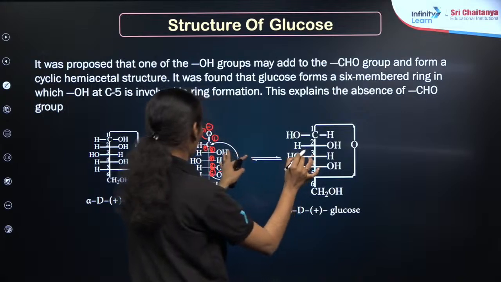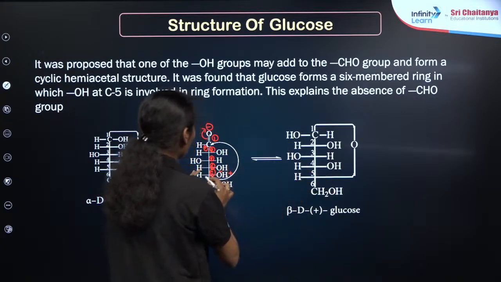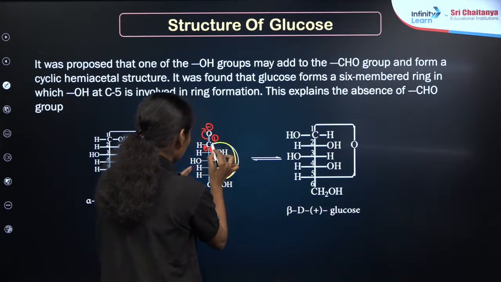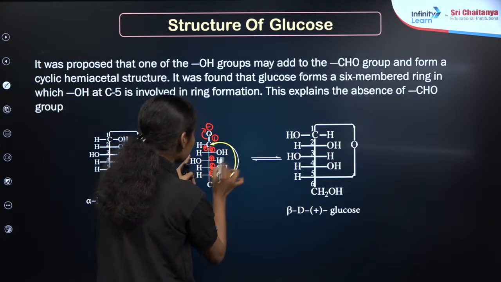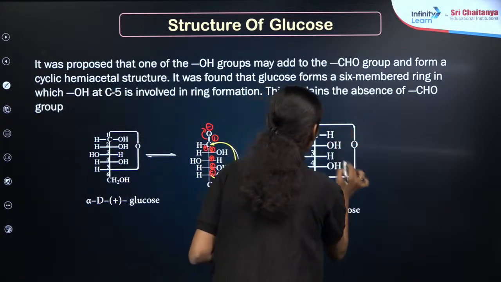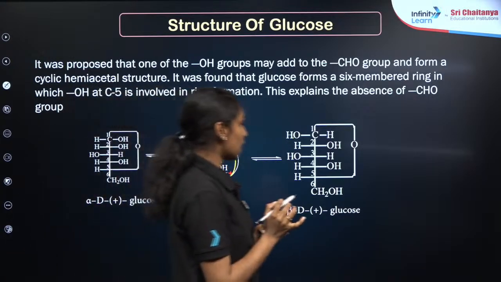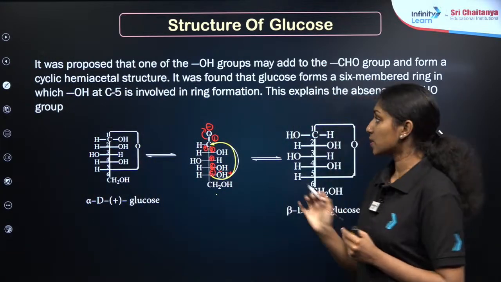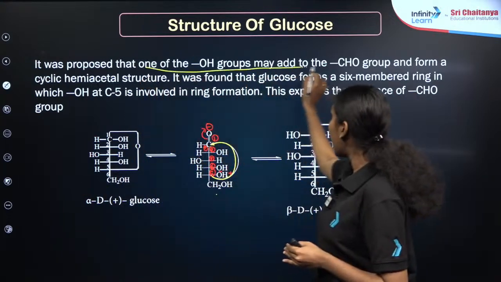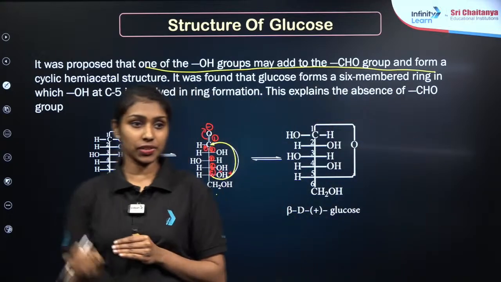Then the similar properties, HOH, OHH, the fourth carbon is HOH, and at the fifth carbon there is a bond moving from here. Having the bond in between, there is an oxygen present between the first carbon atom and the fifth carbon atom. This structure is known as a hemiacetal structure. So it was proposed that one of the OH groups may add to the CHO group and form a cyclic hemiacetal structure.